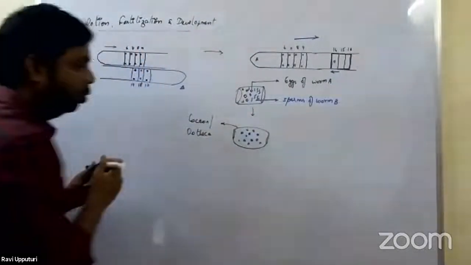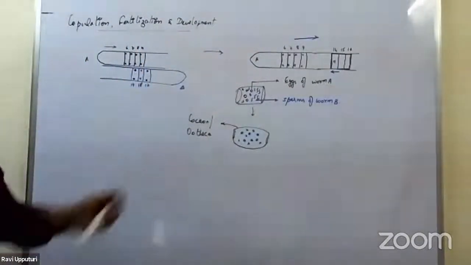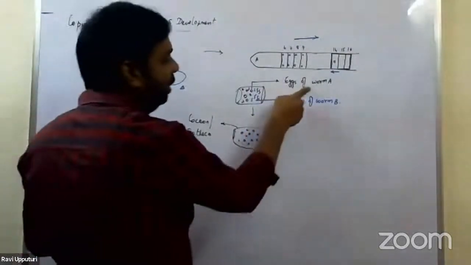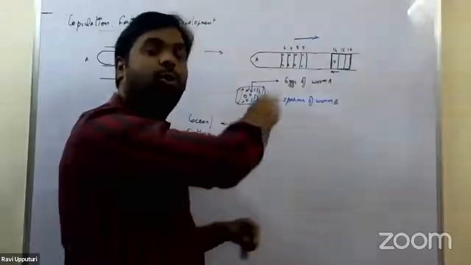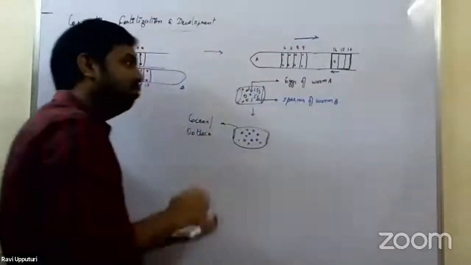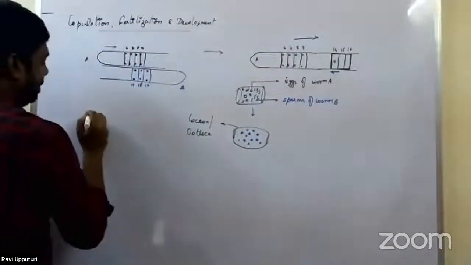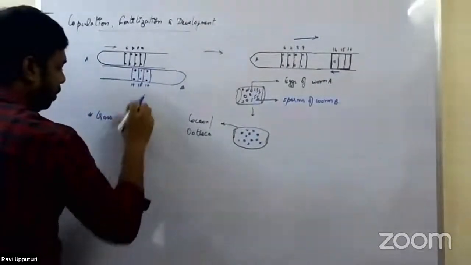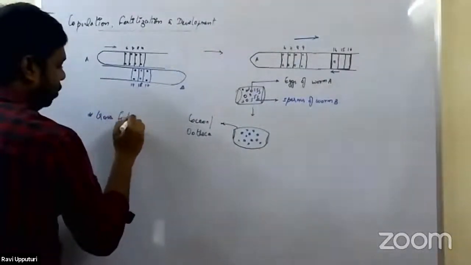Either we call it cocoon or ootheca. Since fertilization is happening between the sperms and eggs of two different organisms, we call this type of fertilization cross fertilization.